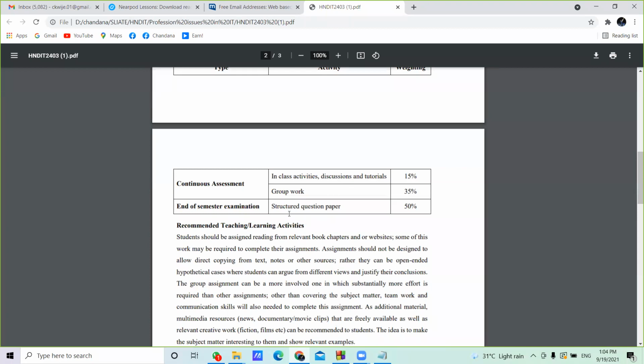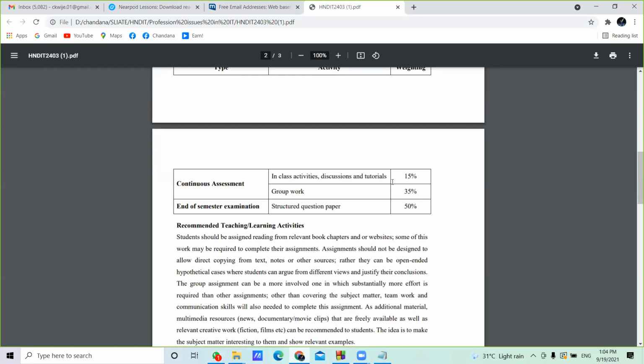Then the year-end examination, a structured question paper you will receive at the examination, 50% allocated for that. However, 50% of your marks are given by me, based on whatever you are doing during the class.